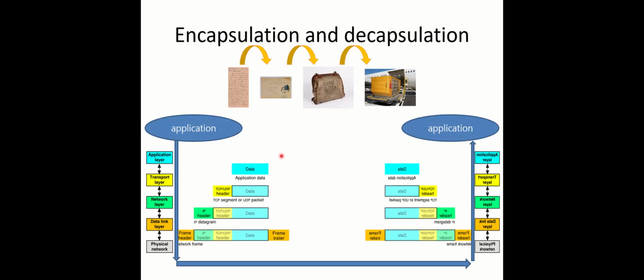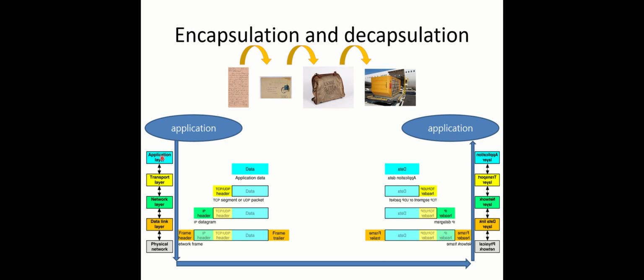Okay, finally, there is one thing I want to explain to you, which is encapsulation and decapsulation. So when data starts from an application and is delivered over the internet to its peer, it goes through multiple layers of that 5-layer stack of protocols.